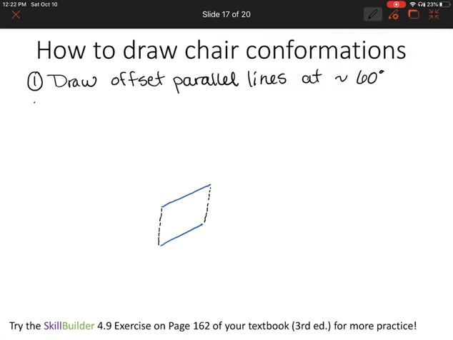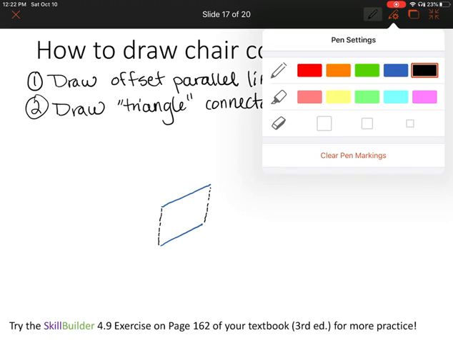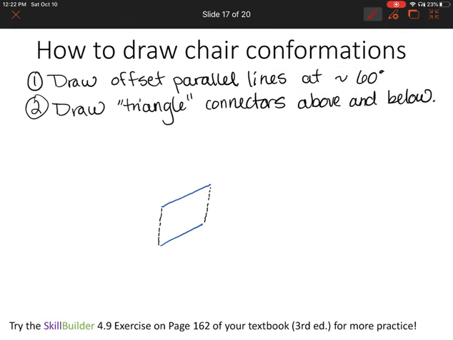Okay, and then the second step, we're going to draw triangle connectors above and below. So I'll draw those in red.